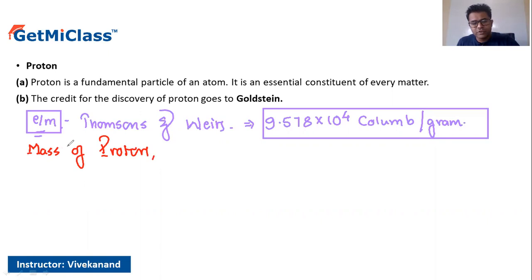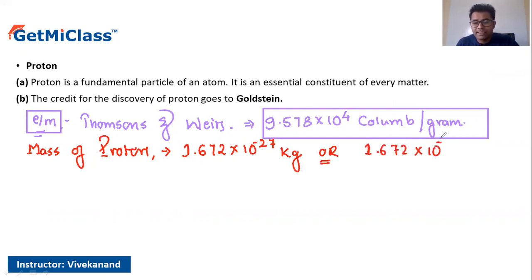Instead of directly entering the mass of the proton, we already know that the number of electrons and the number of protons are equal, and therefore the charge on the proton is the same in magnitude. So they determined the mass of the proton, which is 1.672 × 10^-27 kg, or 1.672 × 10^-24 grams.